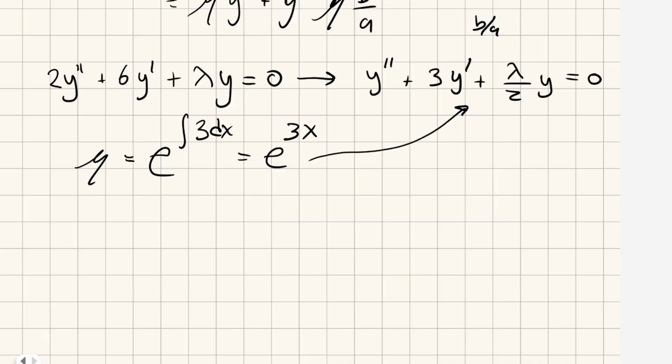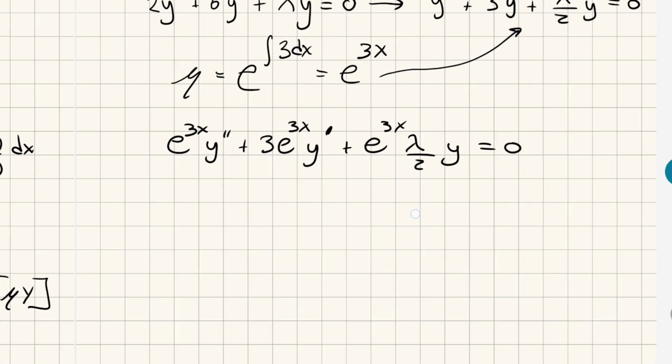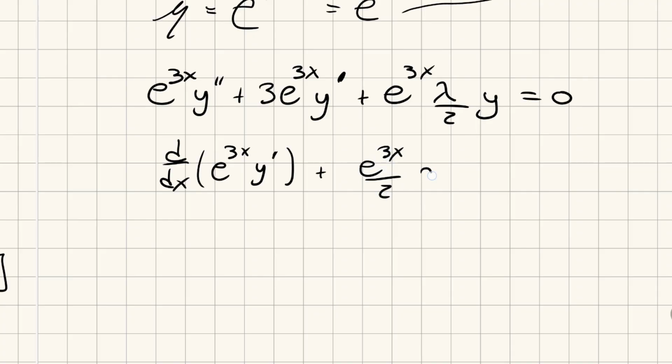And then we know that we need to multiply the whole differential equation by this factor to get e to the 3x y double prime plus 3 e to the 3x y prime plus e to the 3x lambda divided by 2 y equals 0, and we can see that this can be expressed as the derivative with respect to x of e to the 3x y prime plus e to the 3x divided by 2 lambda y equals 0.